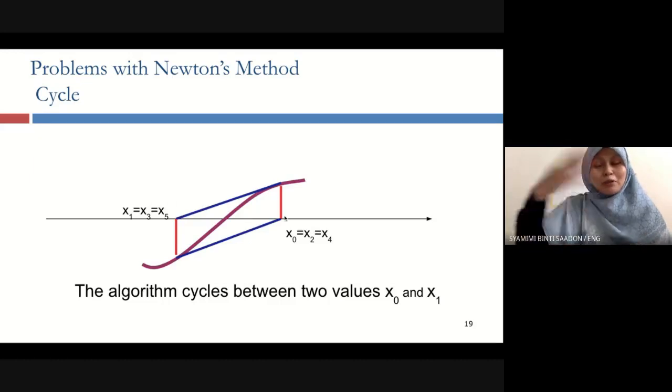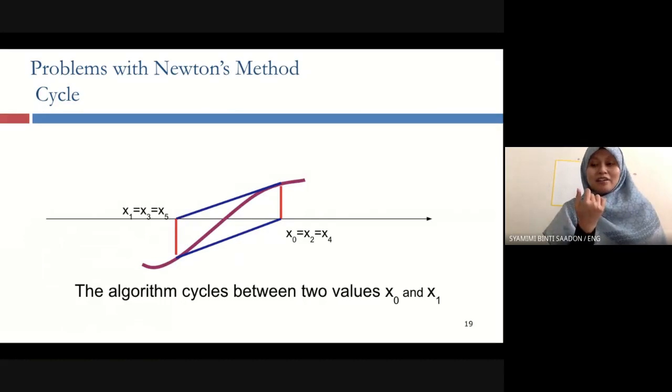So the program keeps running. For this type of problem, it is wiser to set the number of maximum iterations so that it will stop, and we take the last solution given.